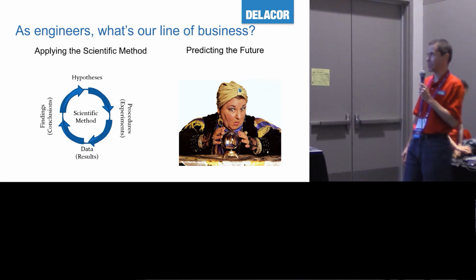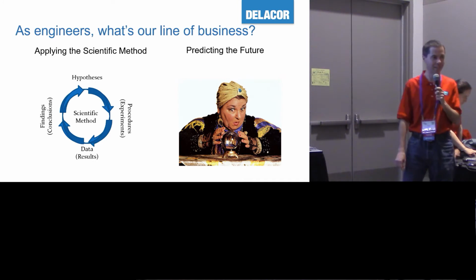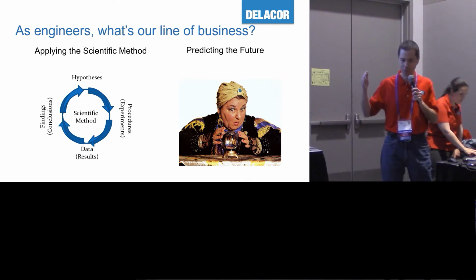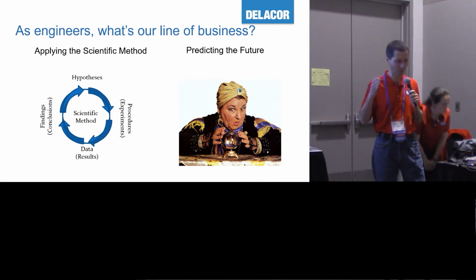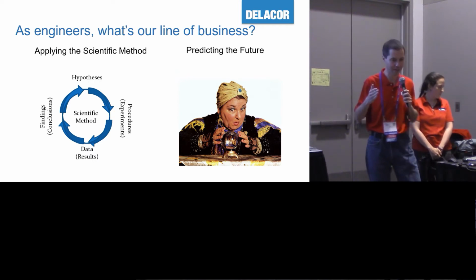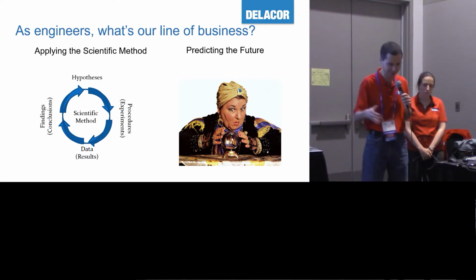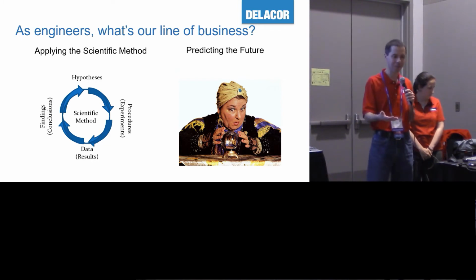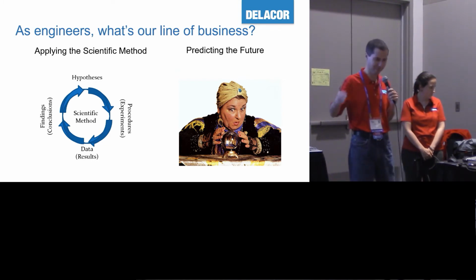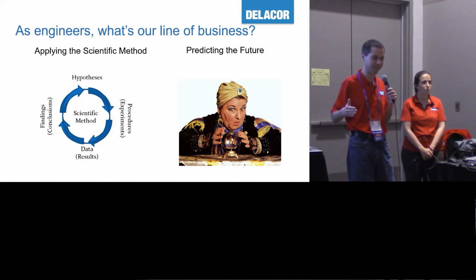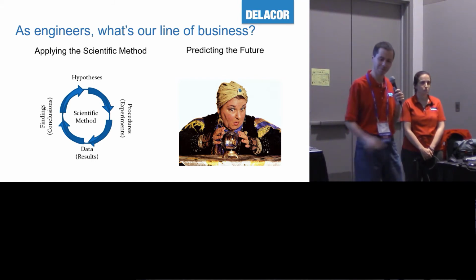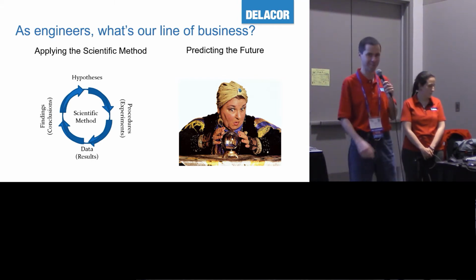And that really happens by applying the scientific method. You come up with some hypothesis that you've worked to formulate, and then you design an experiment and execute the experiment and look at the results, and either say, yes, my future prediction was correct, or no, I royally screwed it up, let me make another prediction that hopefully works this time around.